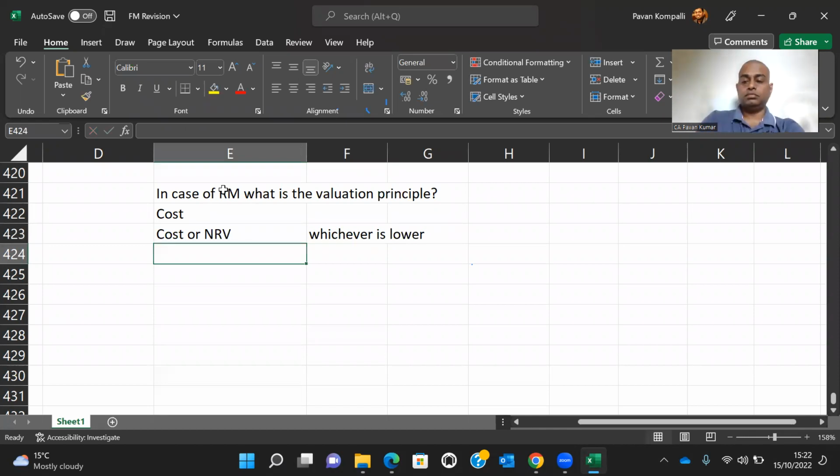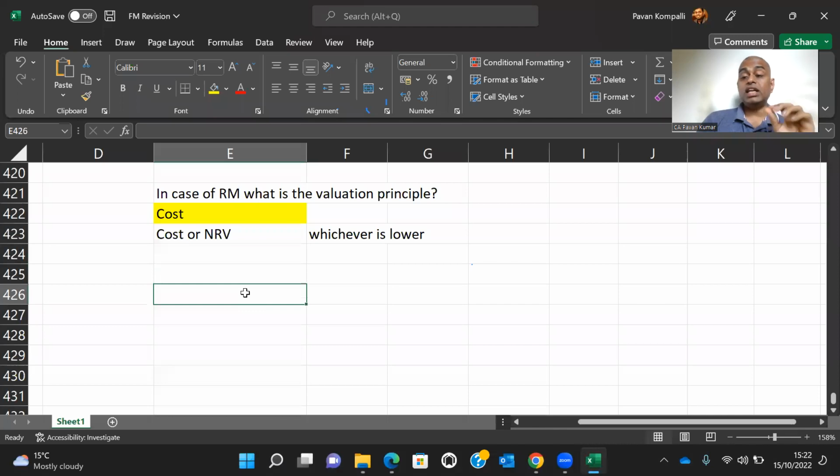You tell me. Dhanlakshmi is saying it has to be checked with finished goods. Srivatsan is saying cost. Excellent, correct. In case of raw materials, it is normally cost.